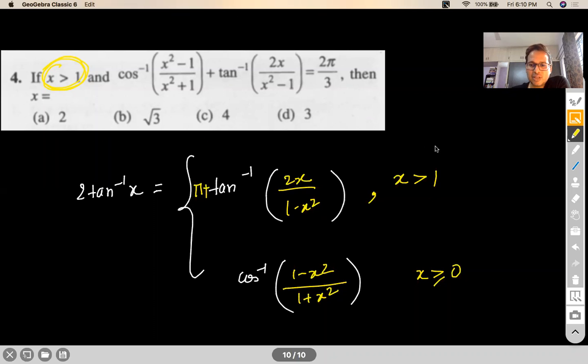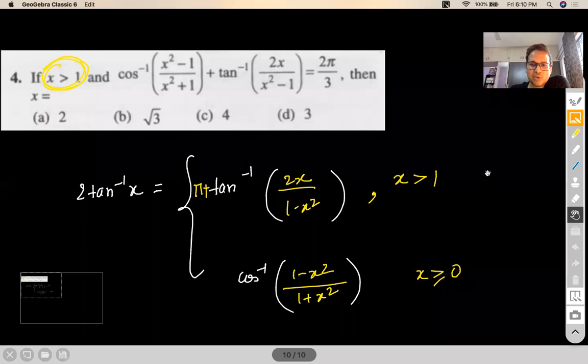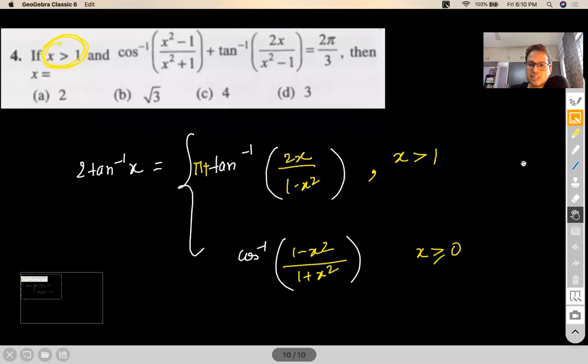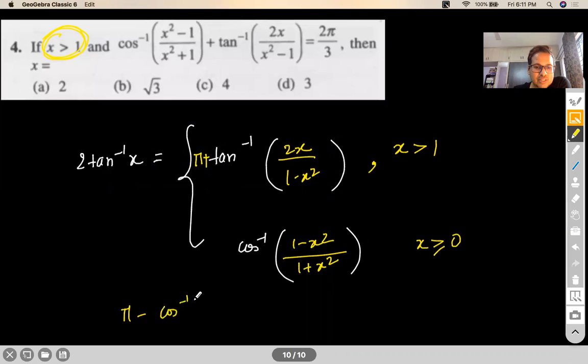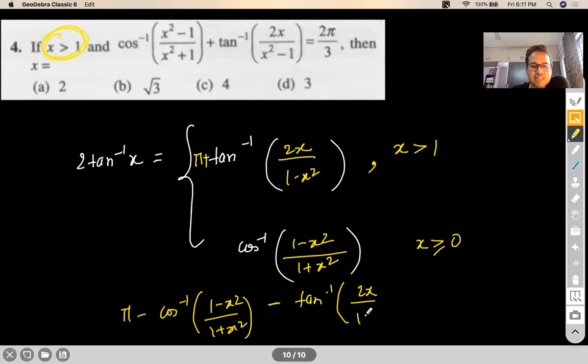Yes or no? Now let us figure out what these terms actually are. This term is nothing but pi minus cos inverse of (1 minus x square) by (1 plus x square). And this one is the negative of tan inverse of 2x by (1 minus x square). Be careful. They are trying to deceive you by changing the position of the terms over here.